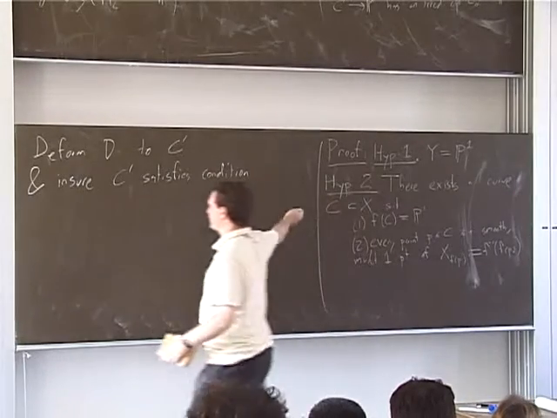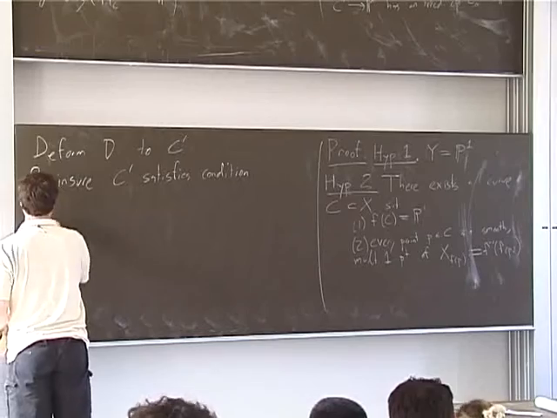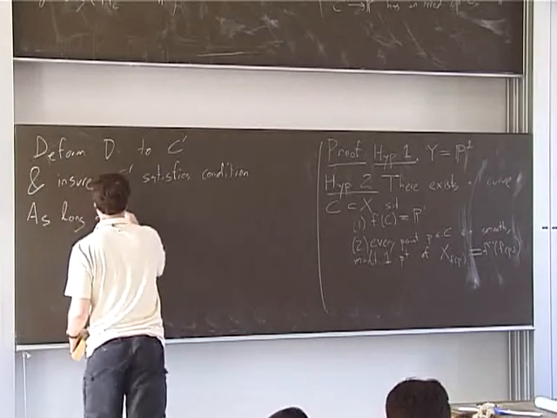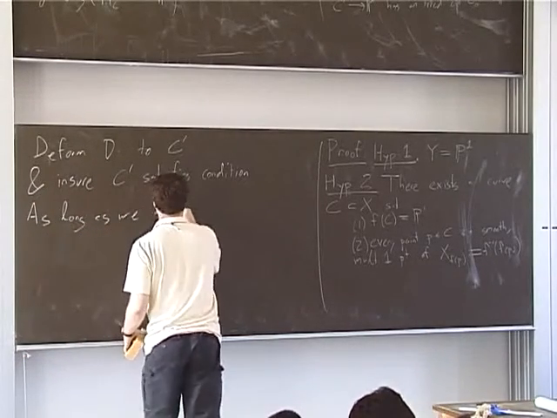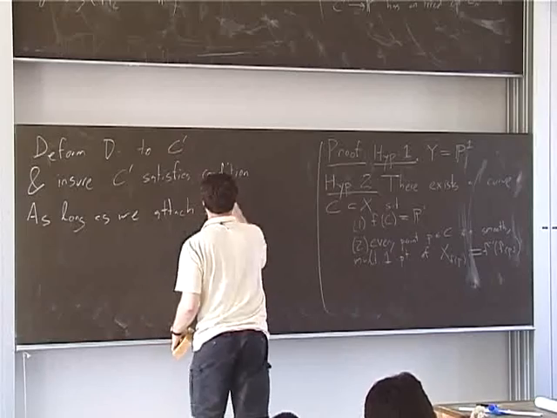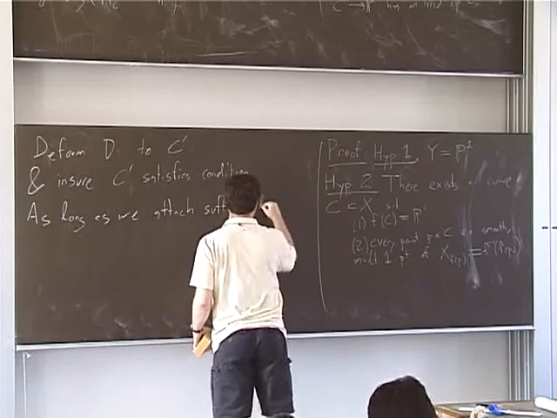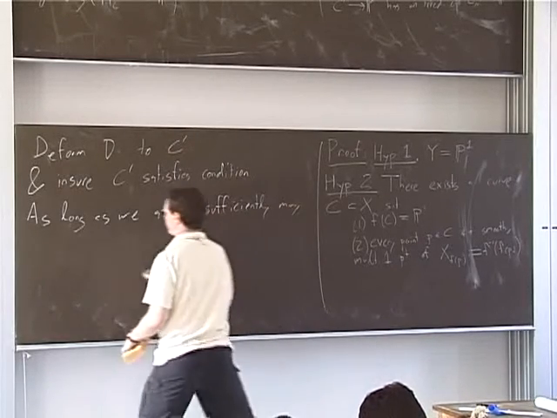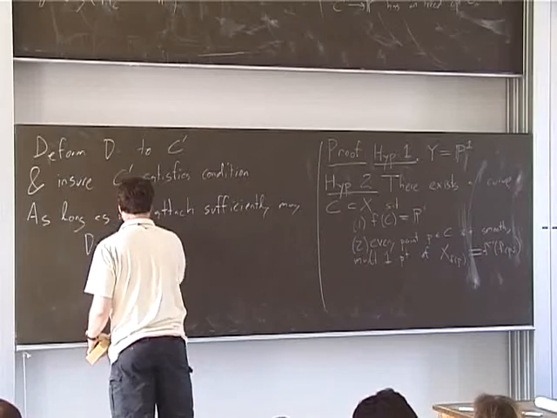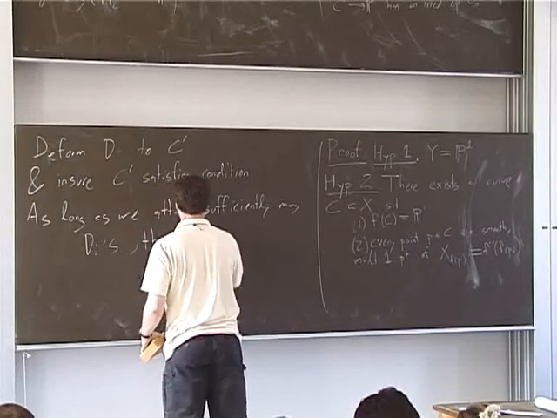So one of the basics of this is that as long as we attach sufficiently many Di's, then D deforms to a smooth curve.